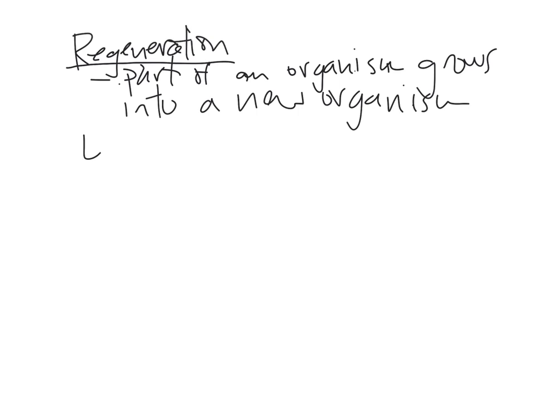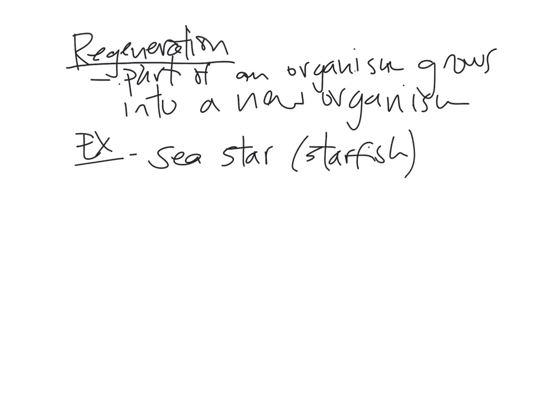So an example of this would be like what we see with starfish. So if we have, let's call them their official name, sea stars, because they're not a fish. So I'm going to put it in parentheses. Just if you ever take marine science in the future, you'll learn that they're called sea stars, not starfish. I'm going to put that in quotes.